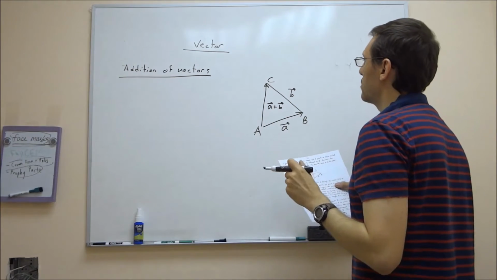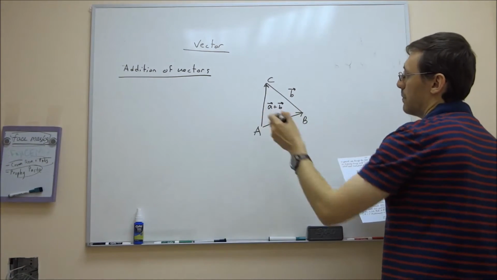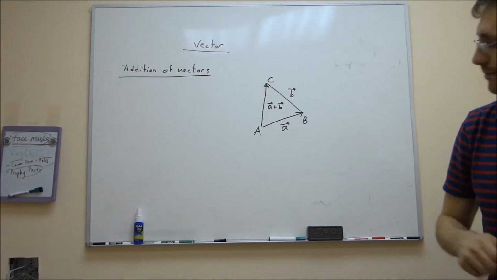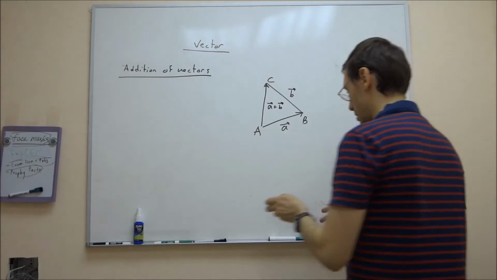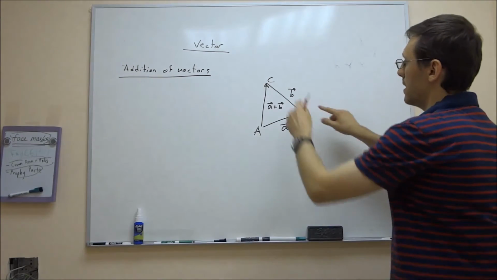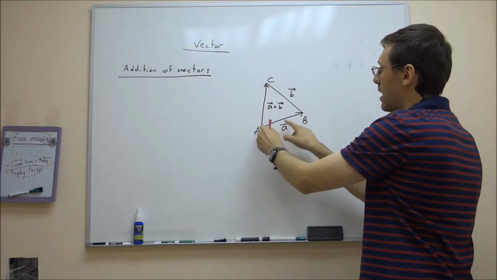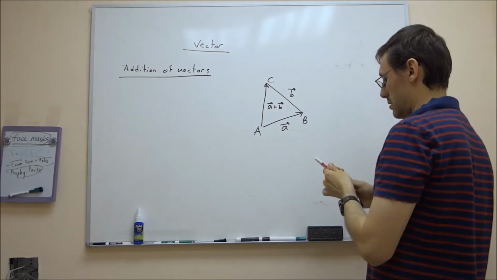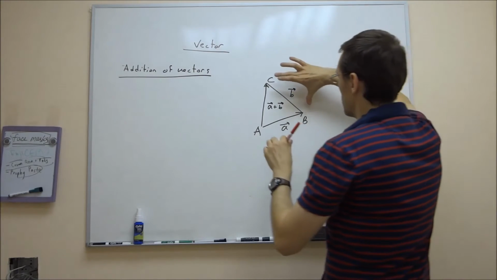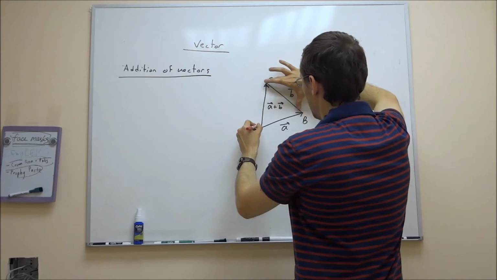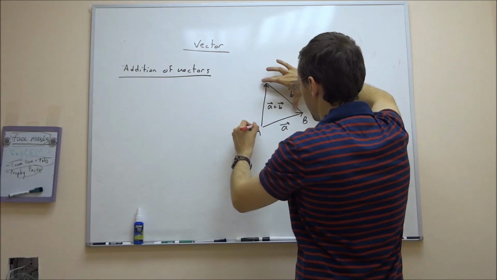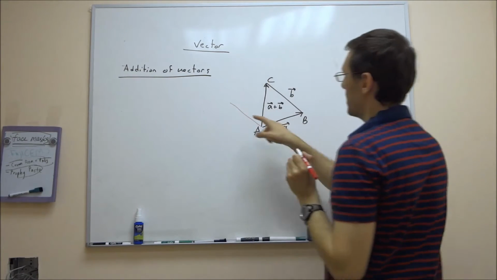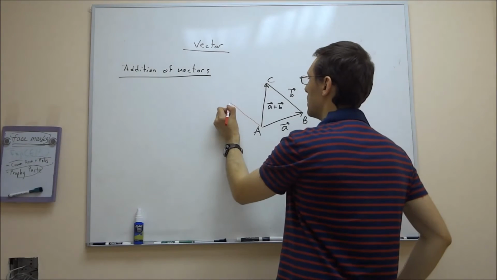Now, what does it mean to displace first by B and then by A? To displace first by B means that from the location of A, I'm going to move parallel to the vector B and by the same length. So I take this vector here, and I displace like that first.